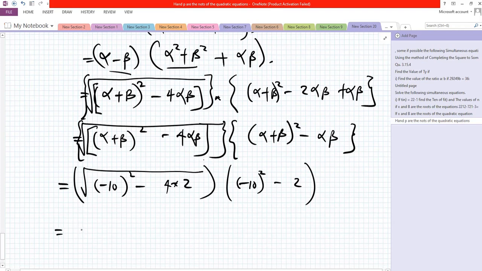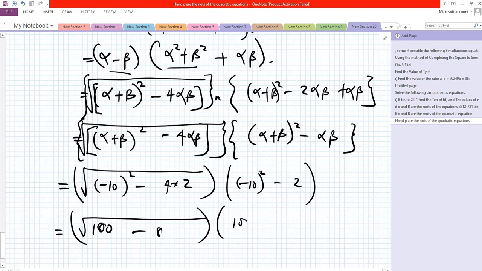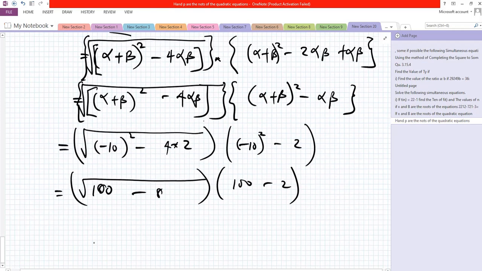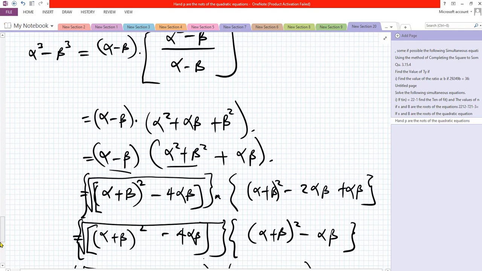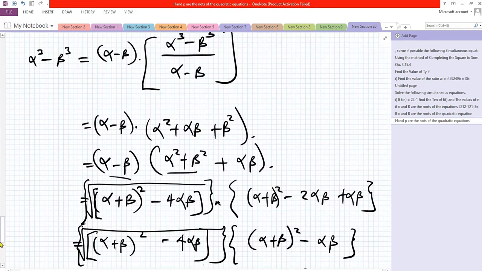Now I have the square root of 100 minus 8, and this one is 100 minus 2. So this would give me 98 and the square root of 92, which is the answer to this question.